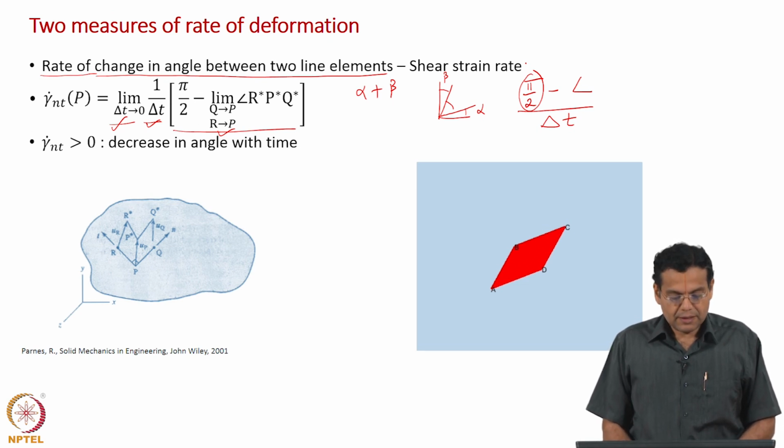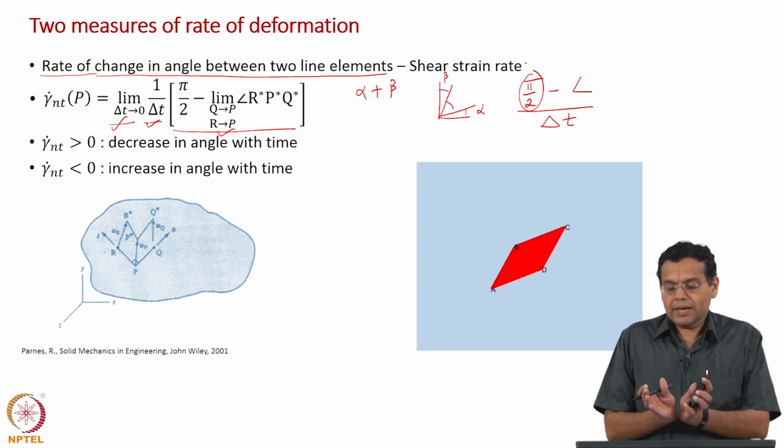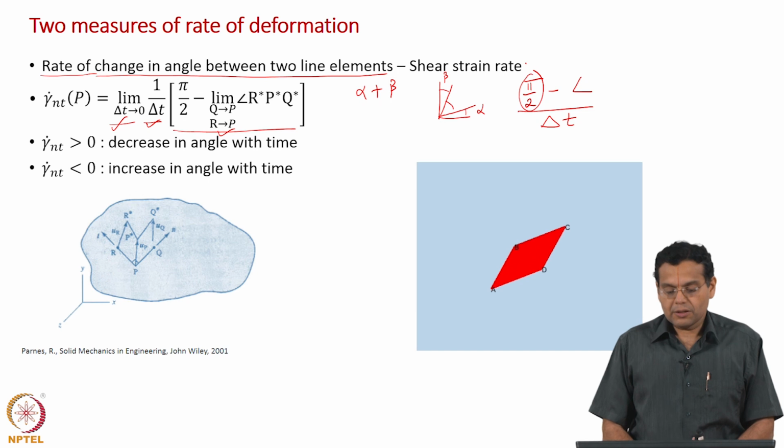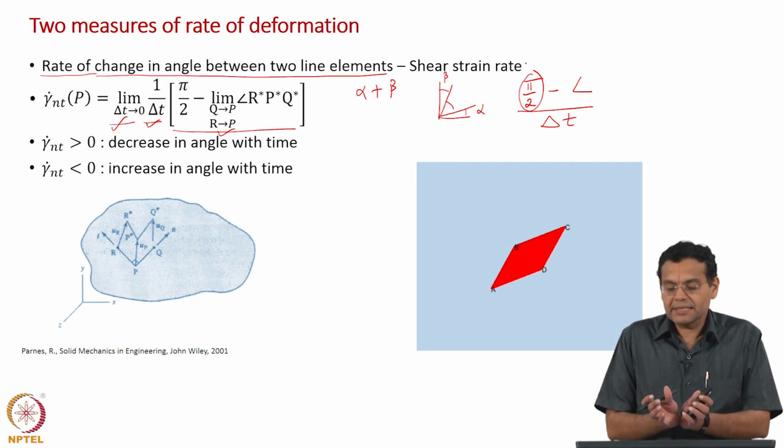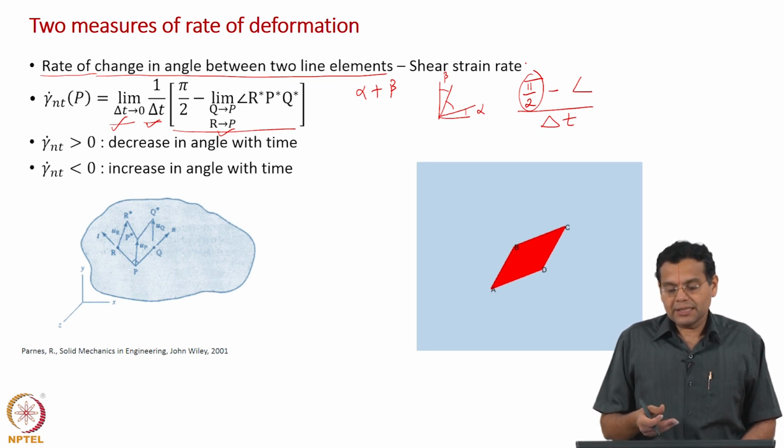Okay. And if the shear strain rate is less than 0, then the two lines have gone away from each other, which means there is an increase in angle between them with respect to time. Whatever we discussed for solids under static condition, now we are discussing as a rate.